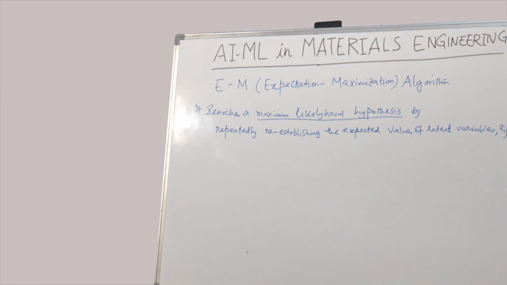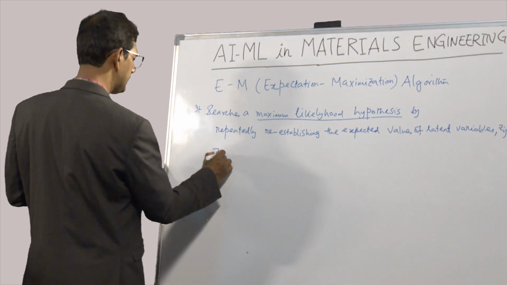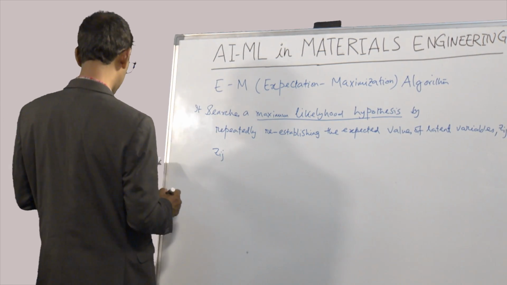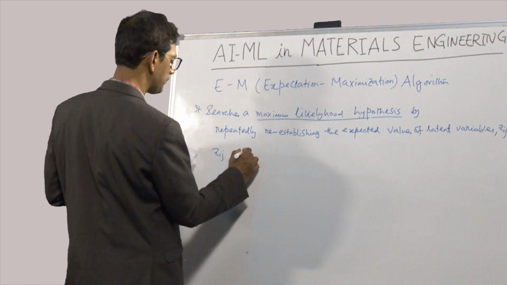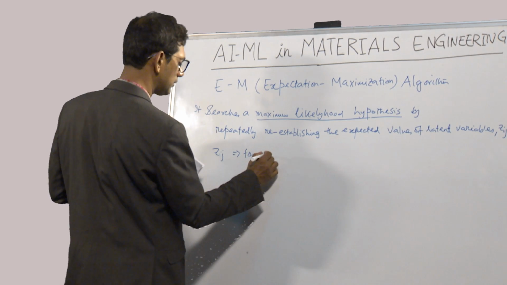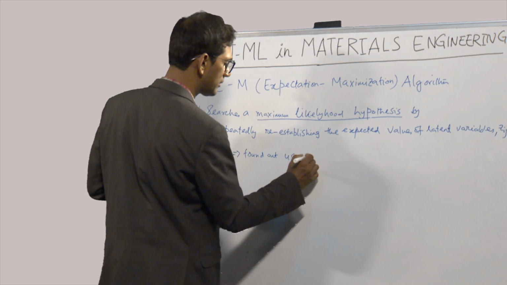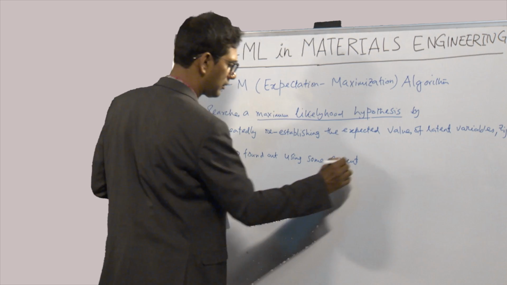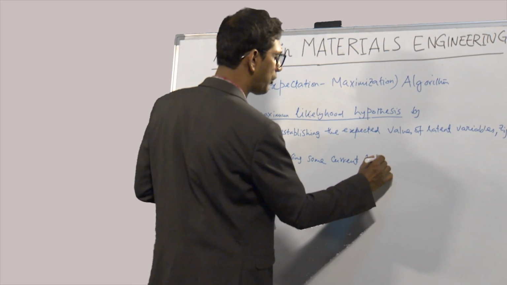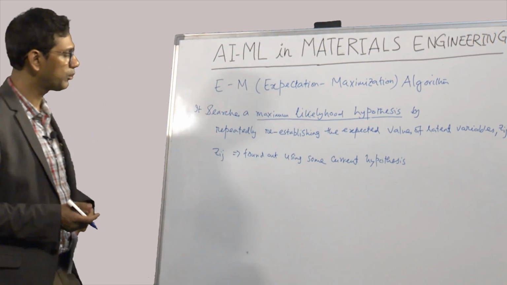Once you do that, there are two steps actually, as I told you. Z_ij is measured or found out using some current hypothesis. A hypothesis means some formula. It can be some distribution function or some algebraic formula.